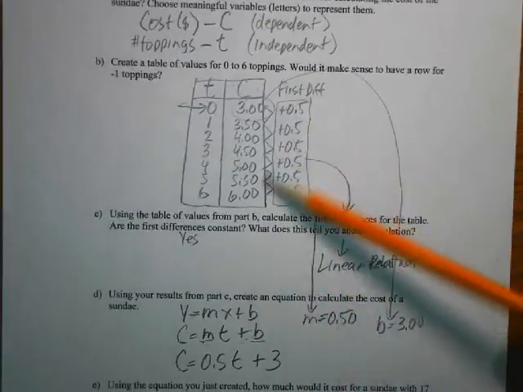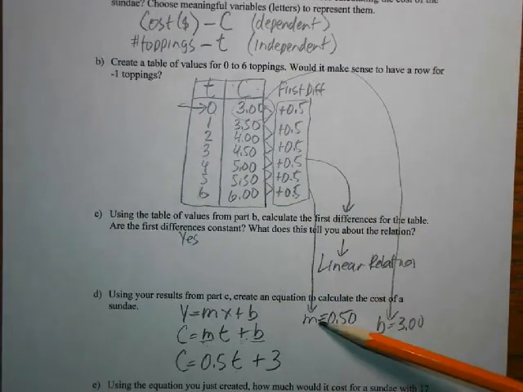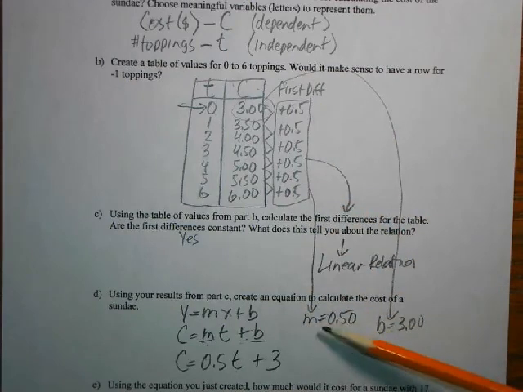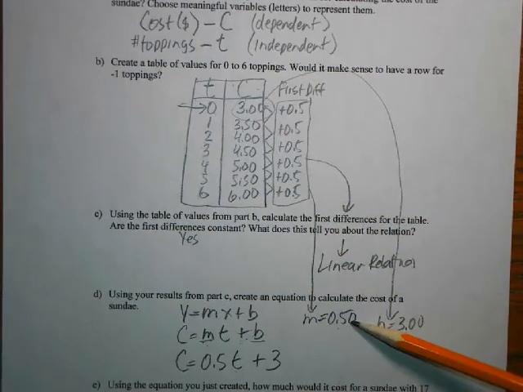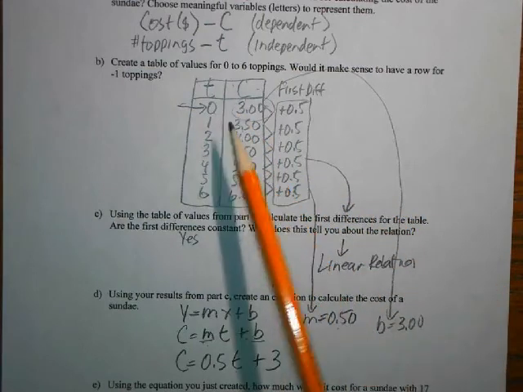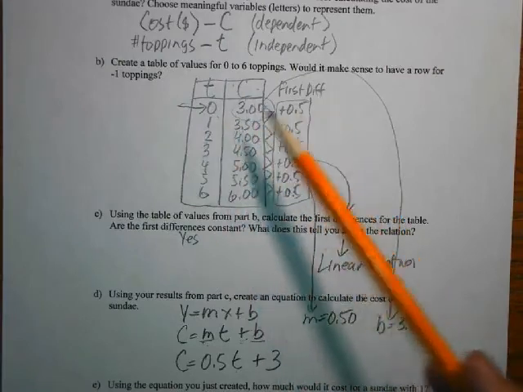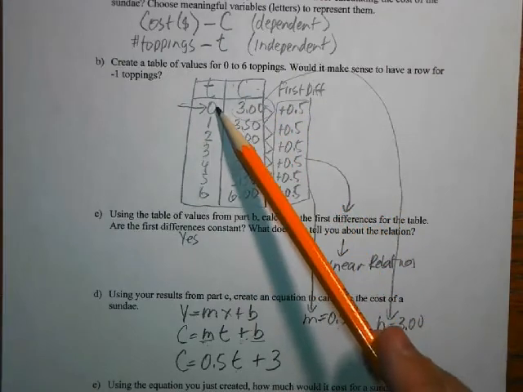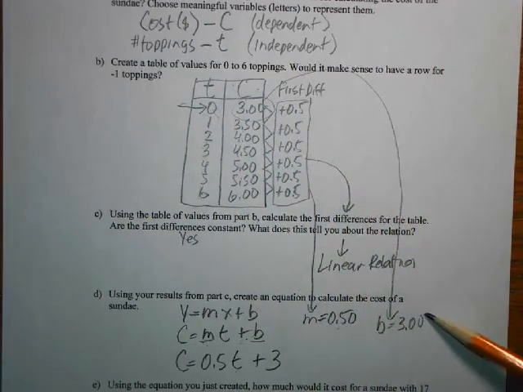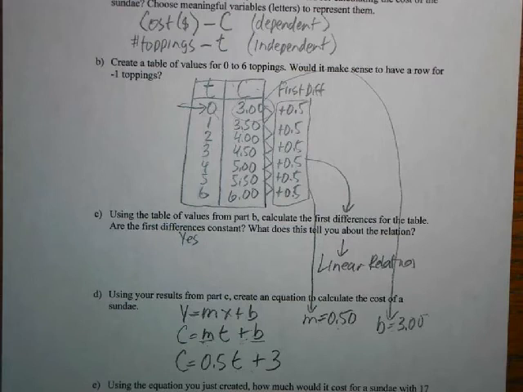Okay, and then we used those first differences because we know for a linear relation, the first difference is the value of m, it's the slope. And we also could figure out what the y-intercept is, or in this case, when does t equal 0? What's the cost when t equals 0? That's 3. Create our equation. And then we can use our equation to find out the exact cost very quickly. And you can imagine if I tried to do this calculation from the table, I'm basically adding another 11 rows. That's a lot of work.